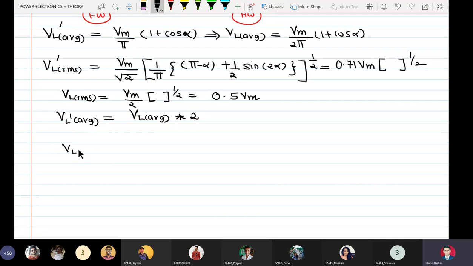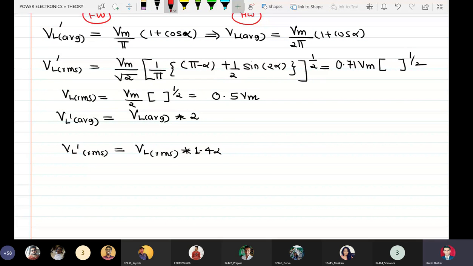We can say that VL dash RMS for the full wave system has got multiplied by a factor of 1.42, so VL RMS dash is equal to VL RMS into 1.42.